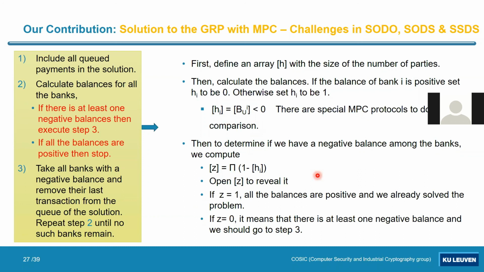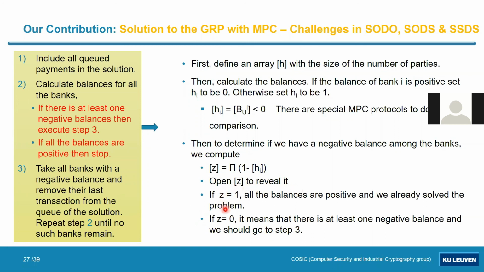Then we try to detect whether we have a negative balance among the balances or not, using this equation. We subtract all the terms of h from 1 and then multiply them together and put the result in a secret value z. Then we reveal this z.